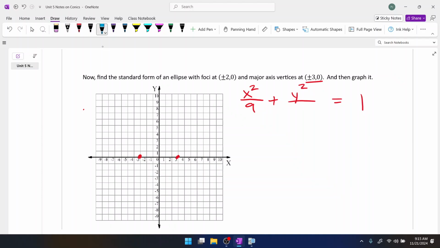Now, here's the thing. Our foci are going to be at positive and negative 2, 0. If you remember, you can reference this: c squared will equal a squared minus b squared.